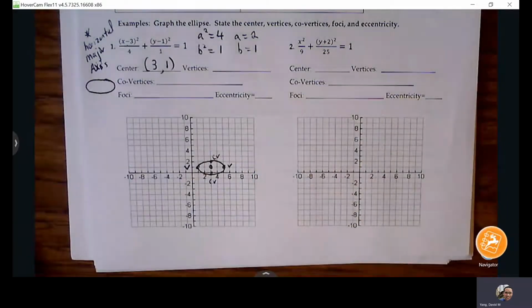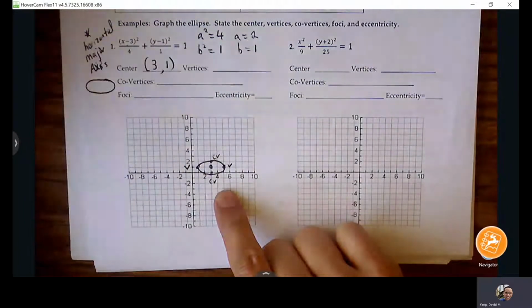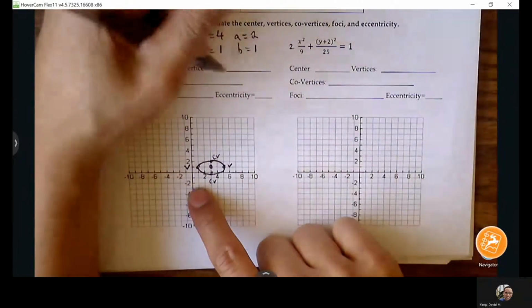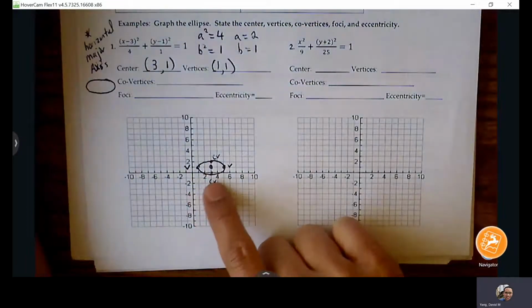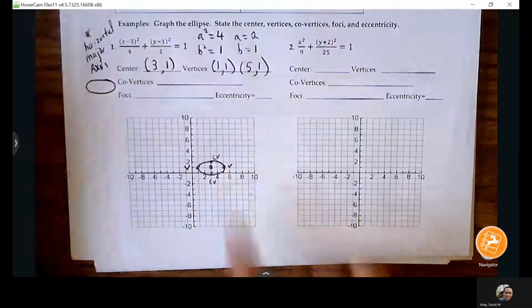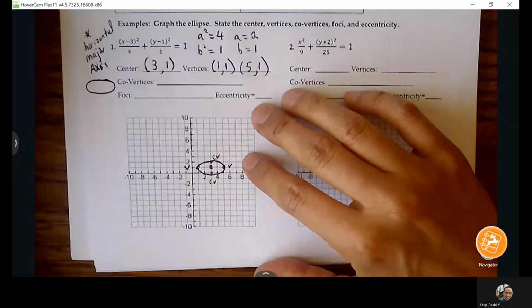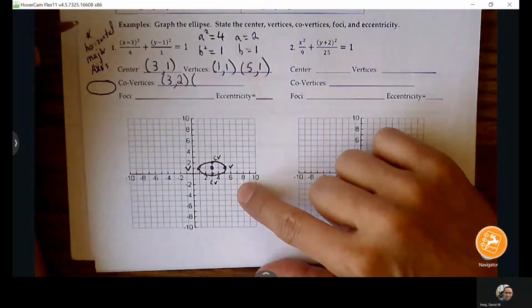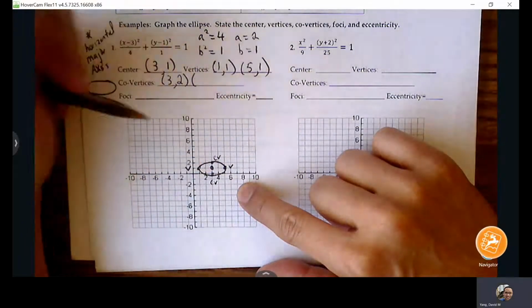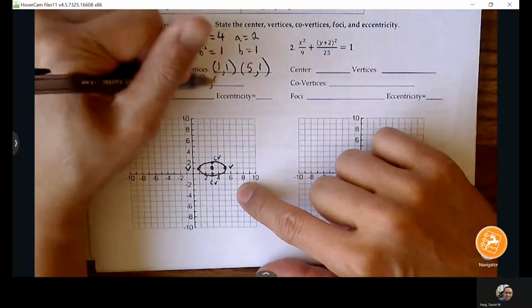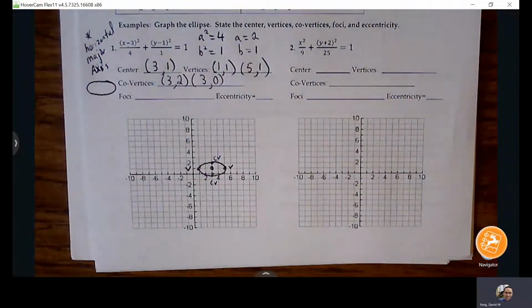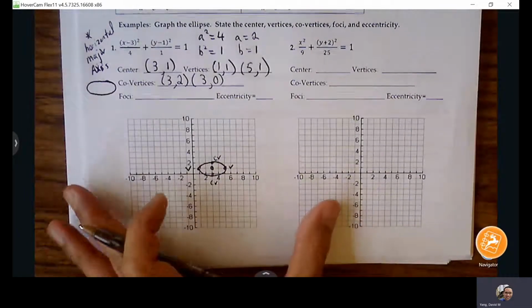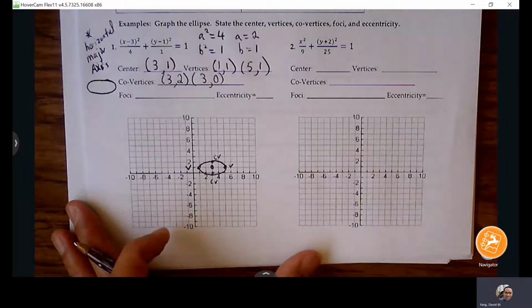Now that we plotted those points, let's see if we can identify those ordered pairs. Okay, do you guys get the same thing? 1, 1, 5, 1, 3, 2, 3, 0.